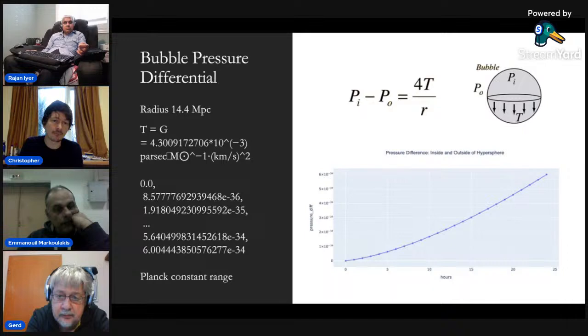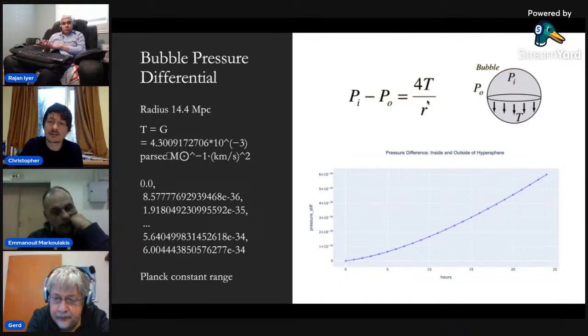We can also look at a bubble pressure differential, which is this equation, because we're subtracting the exterior pressure from the interior pressure. So we have 4T, the tension, divided by R, where R is 14.4 megaparsecs.